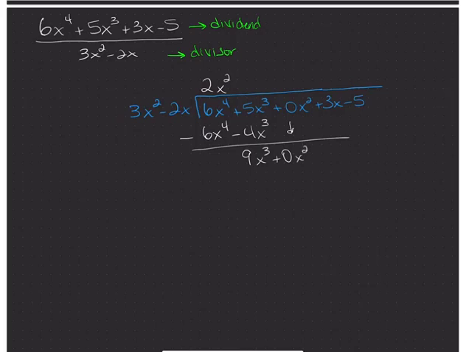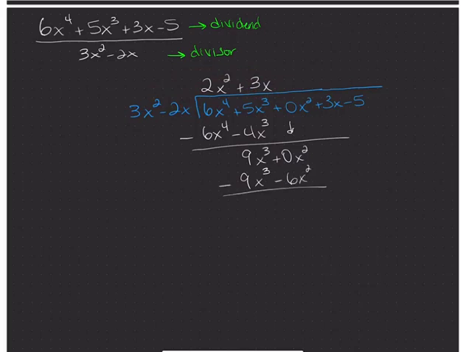Right? So my next job, 3x squared, I have to get to 9x to the 3rd. So numbers to numbers, I know that I need a positive 3 and x squared to x to the 3rd. I still need an x. I'm multiplying this, making sure I multiply by both of those. So I'm going to get 9x to the 3rd minus 6x squared.